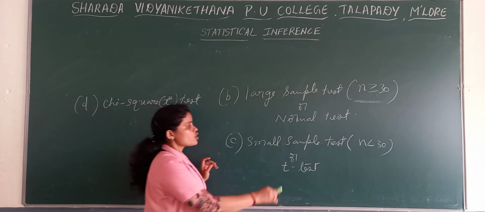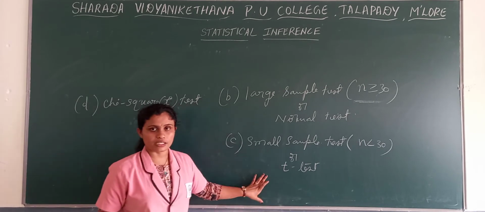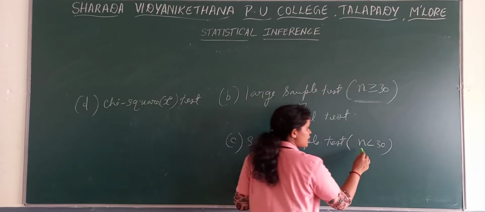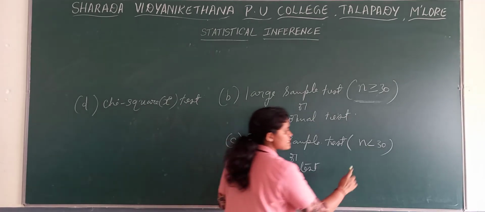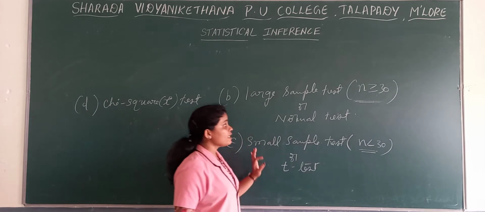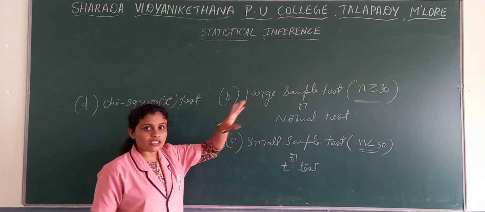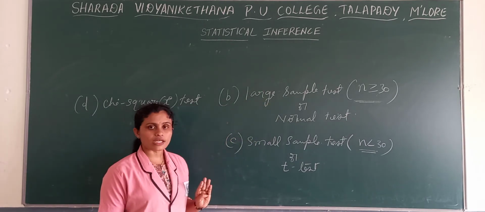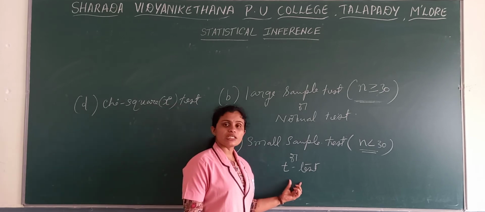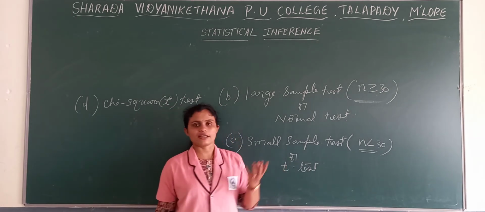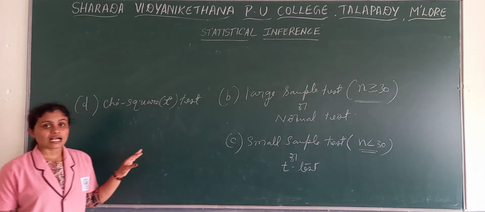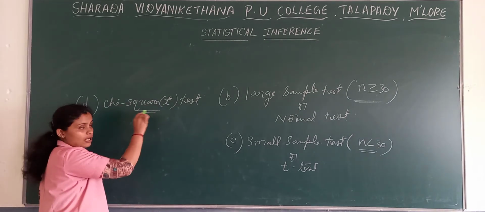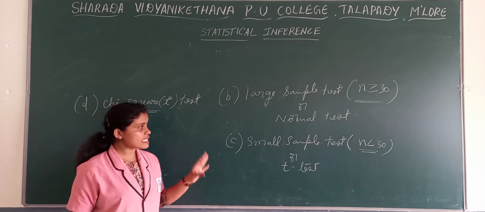Then comes the small sample test or T test, where your size is lesser than 30. Here we are going to study 4 kinds of problems, and in the next one 3 kinds of problems. After that we move towards the chi-square test.